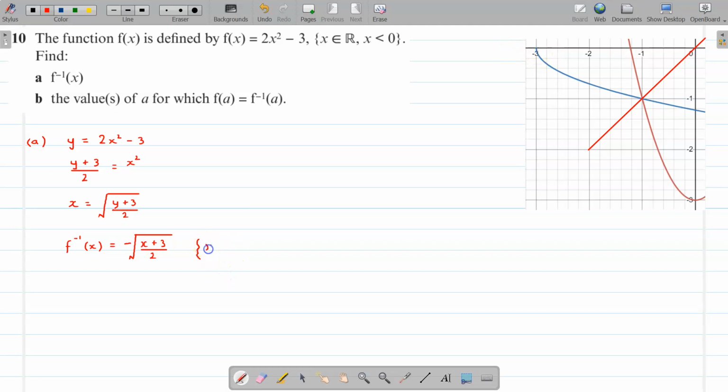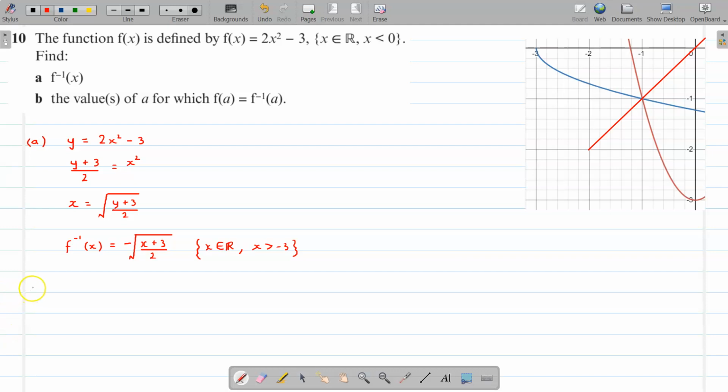So x would be a member of the real numbers, that should be an R like that, and also that x is greater than negative 3. So that's the fully defined inverse function.